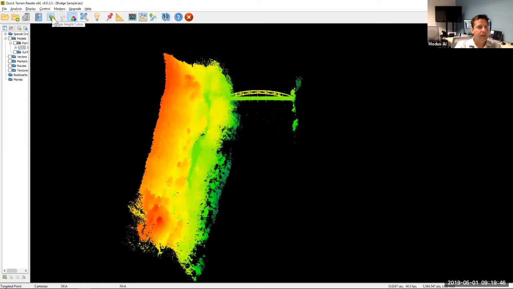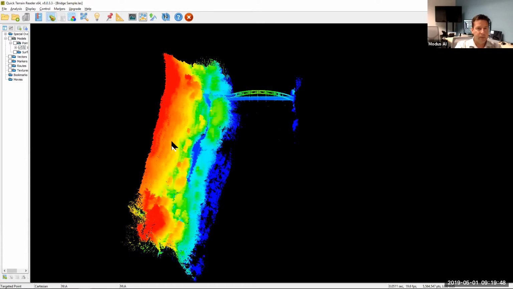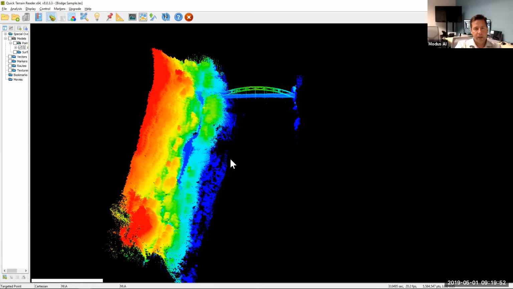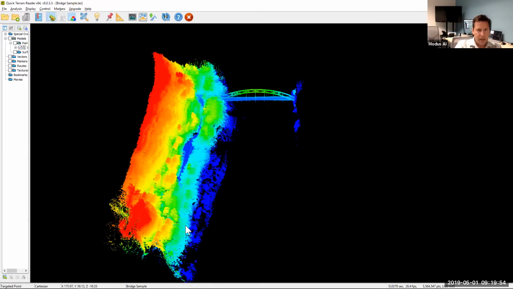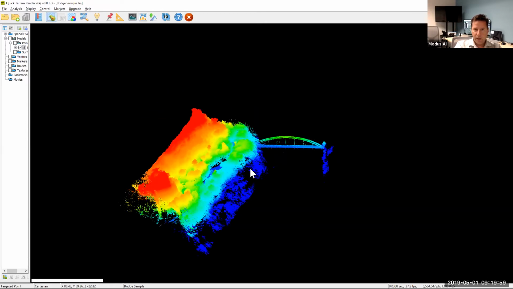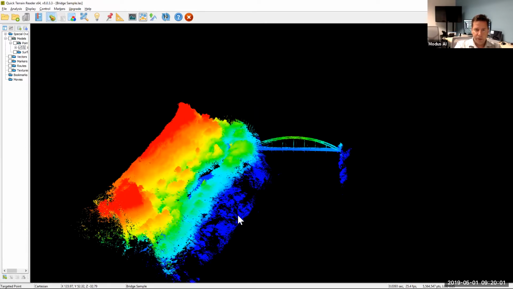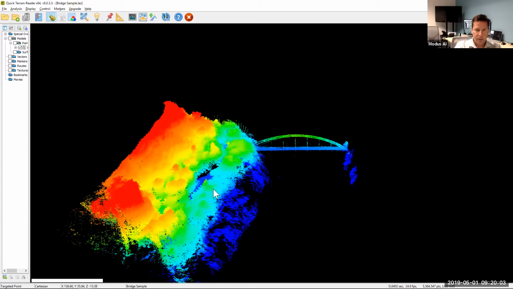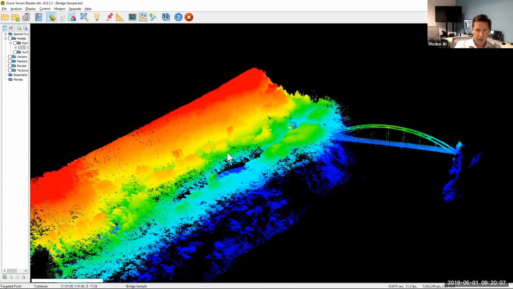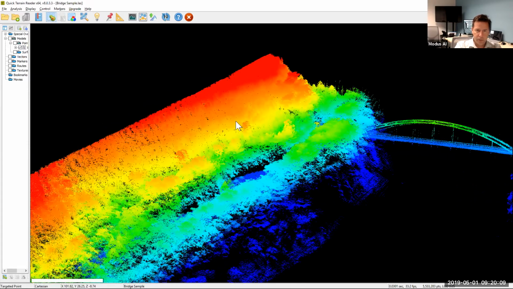Now, if we start to bring in here and start to toggle in some more features, this is what we call a colorized height model. And you can start to see we can start to bring in some structure. And if I was to do this now, you can start to see these individual trees start to break out.